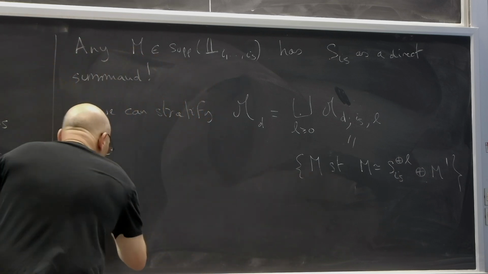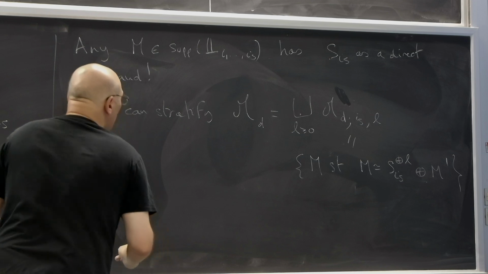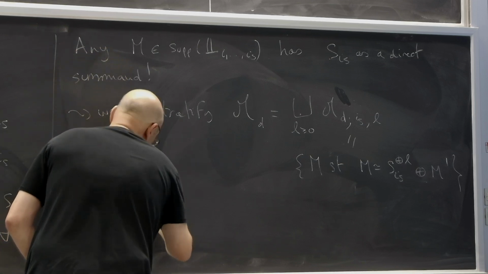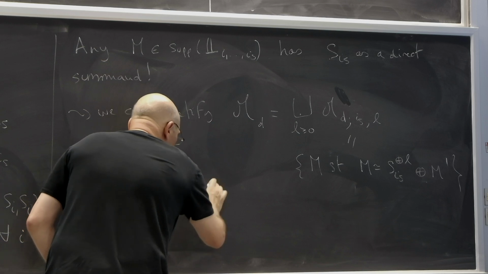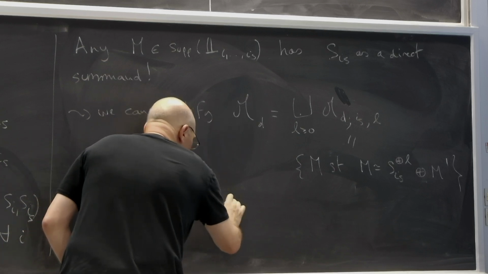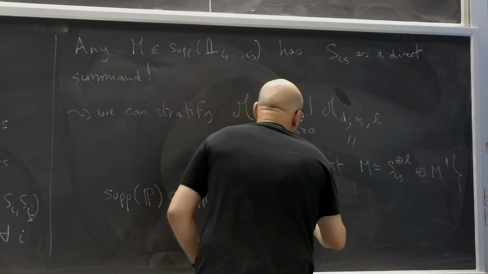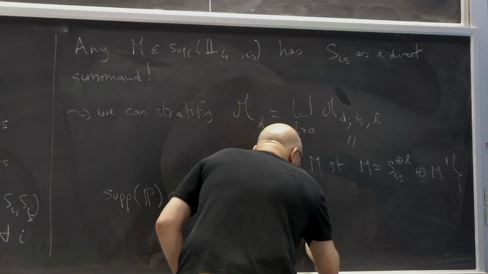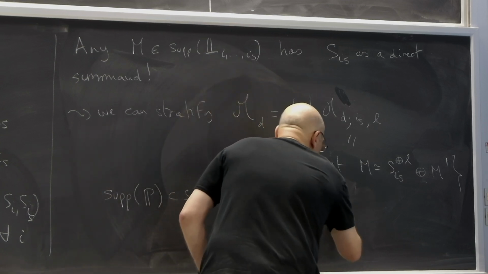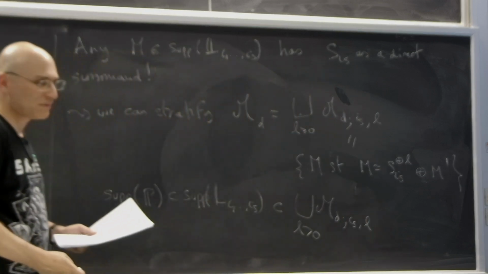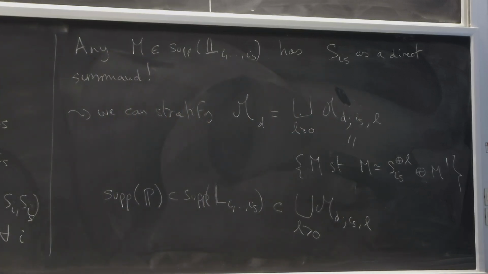Okay, and then we have that the support of our simple perverse sheaf P, of course, is included in the support of L. And this is included in the direct sum for L strictly bigger than 0 of M D IS L. Okay? All right.